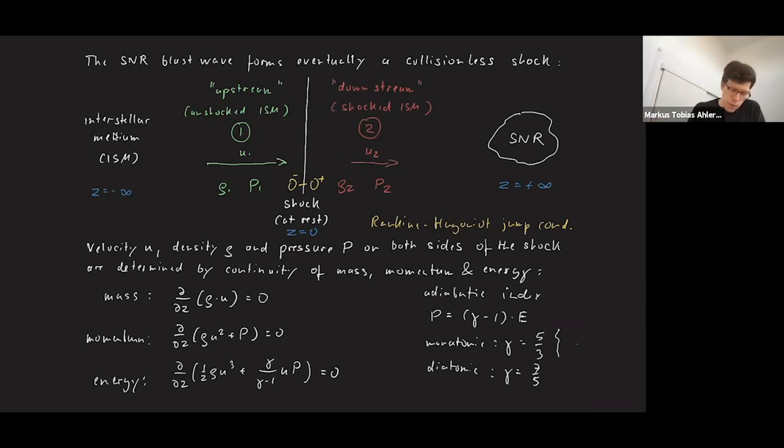For us, what's going to be important is the pressure and the velocity. And let me bring up a new page here. So if you do this exercise and if you solve these equations, you will end up with the following condition.